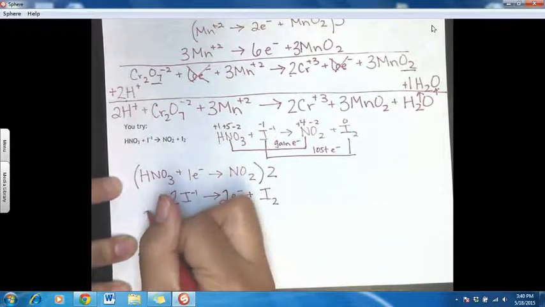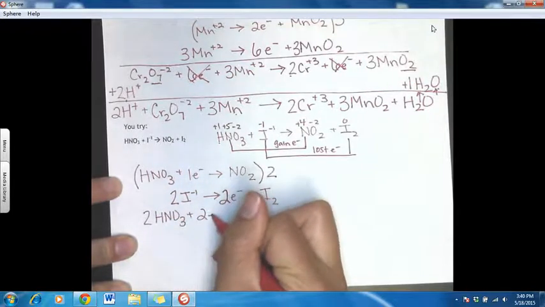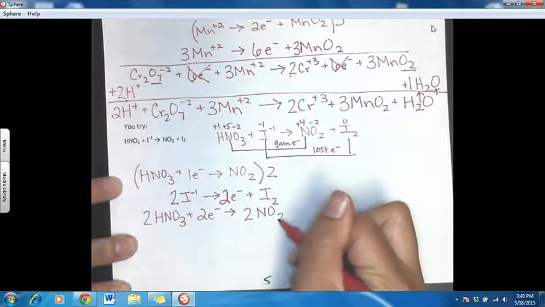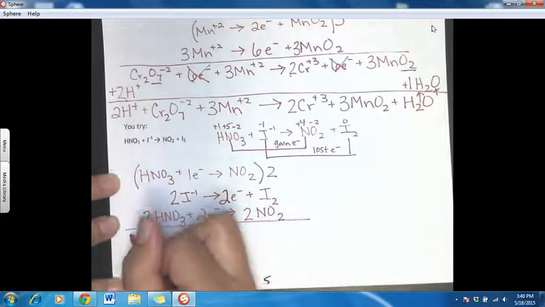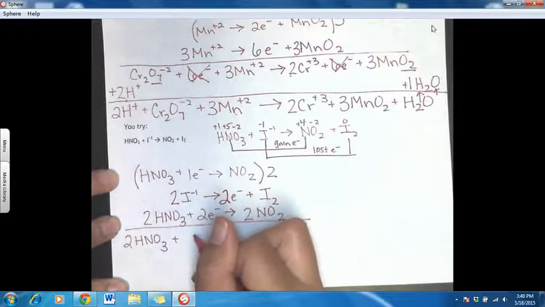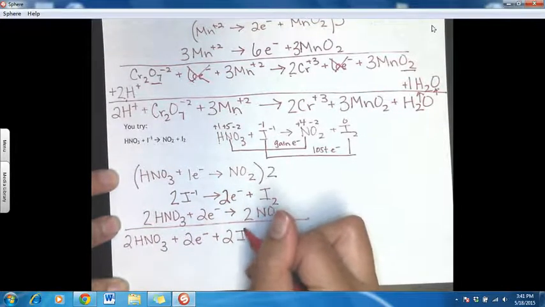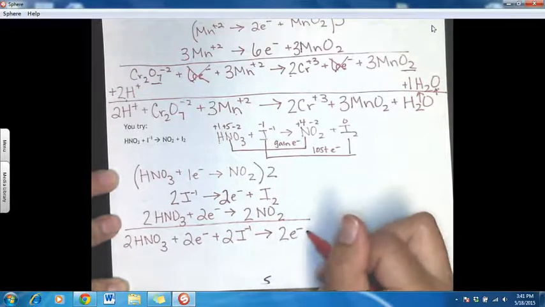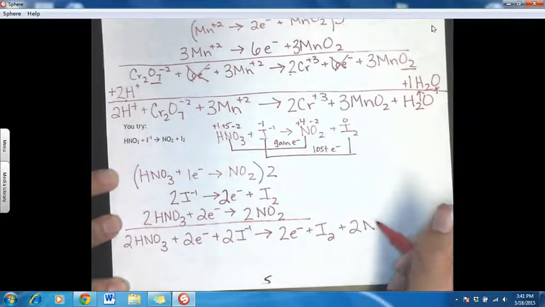So I get 2 HNO3 plus 2 electrons goes to 2 NO2. I add them together: 2 HNO3 plus 2 electrons plus my 2 I-1 goes to 2 electrons plus I2 plus 2 NO2.